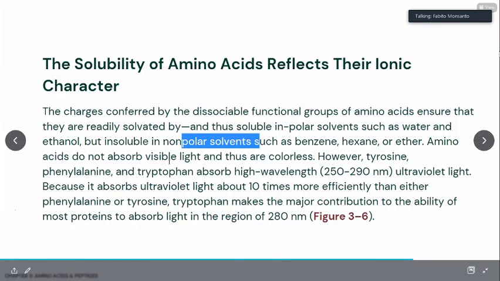Amino acids do not absorb visible light, and those are colorless.